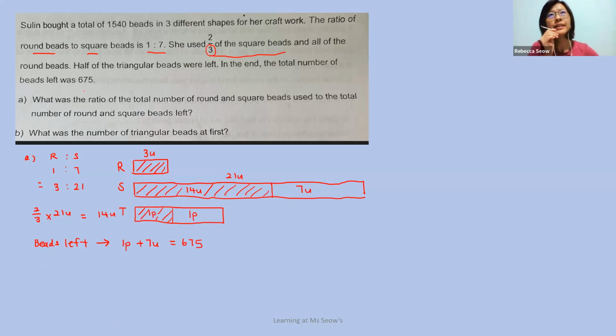Well, we have the total number of beads given at the start as 1,540, and before the question is given, 675 beads are left. That means we know how many beads have been used, right?